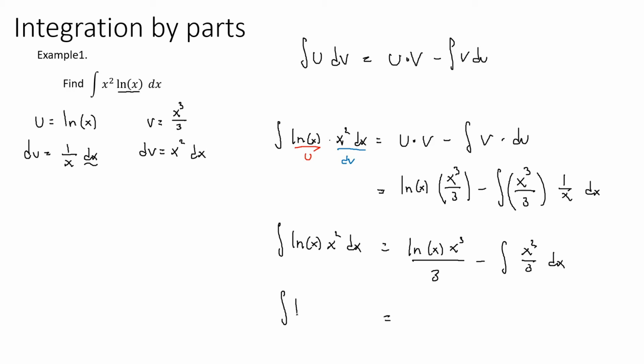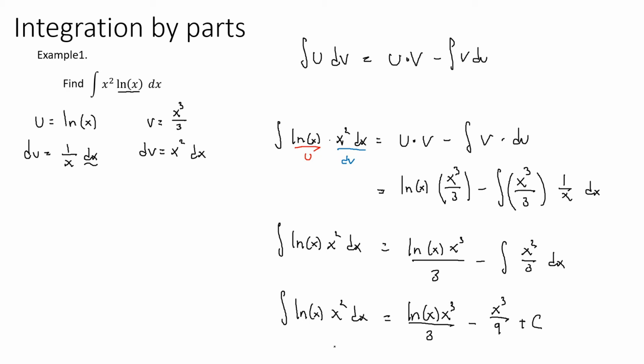So your final answer will be x to the third over 9 plus c. So our answer is ln of x times x to the third over 3 minus x to the third over 9 plus c.